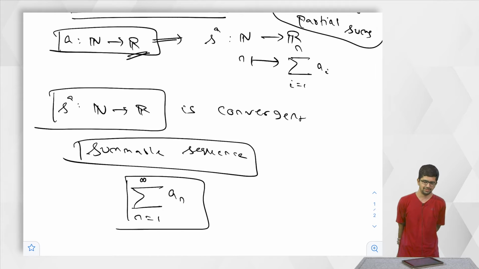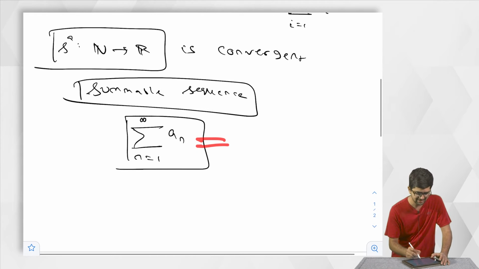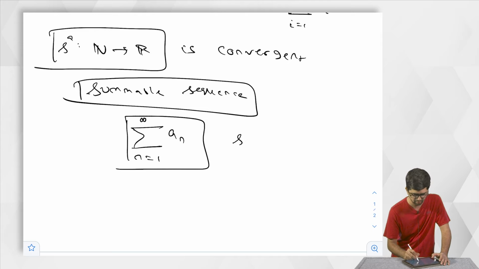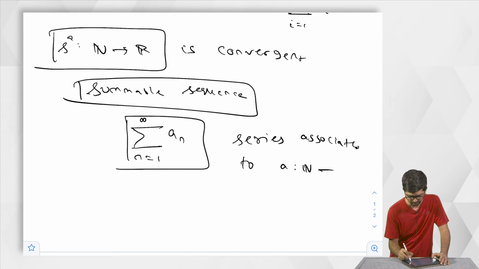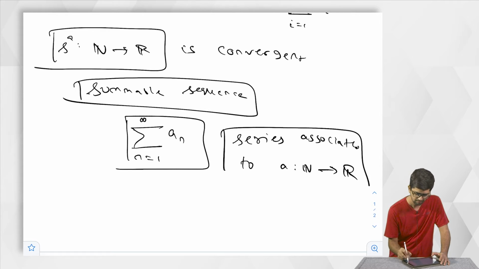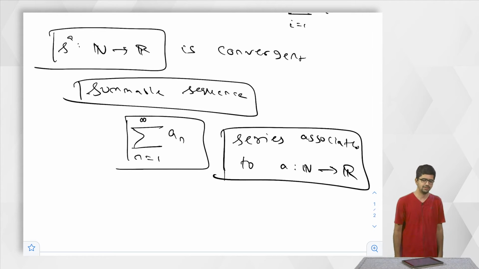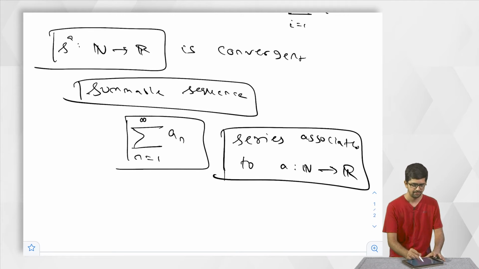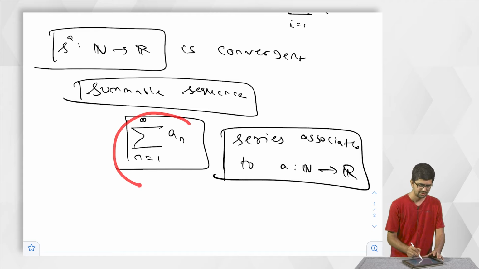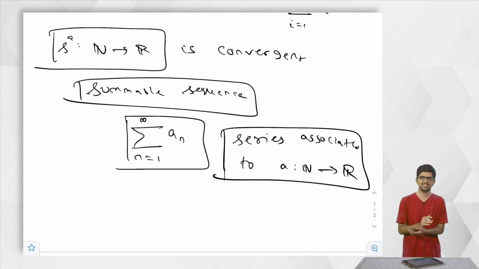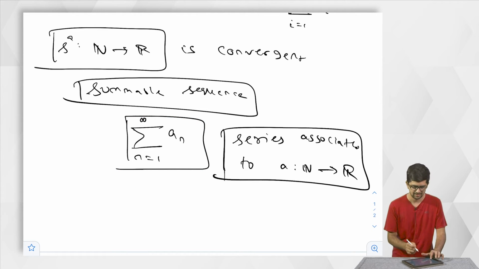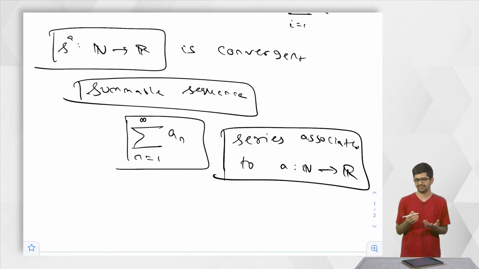And this is called the series associated to the sequence A. There is a possibility of getting some confusion here. This symbol does not mean a sequence, it means the limit of a sequence. So a series is the limit of a sequence, if it exists.